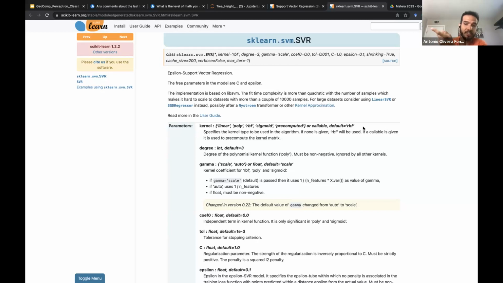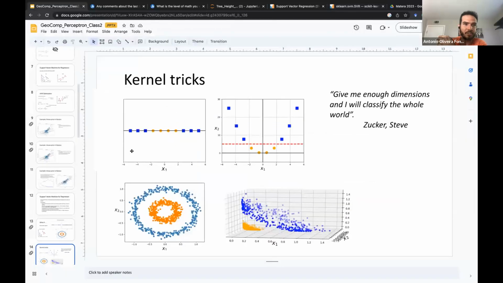The default actually is this radial based transformation, the name, which is a quadratic transformation of the data. And why is it the default? It's because that seems to be the one that works the best for most cases, which is closer to what we did for this problem here: take the data from this configuration and just apply a quadratic transformation to the data.